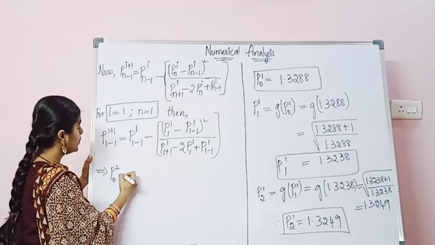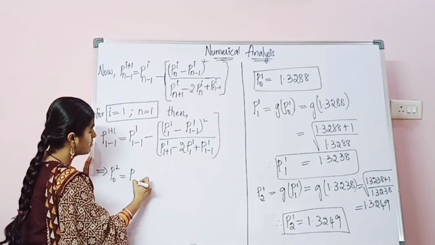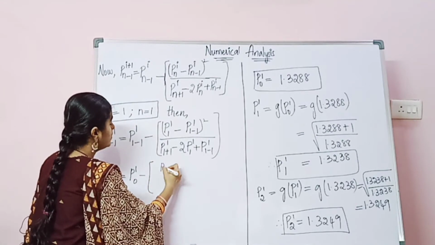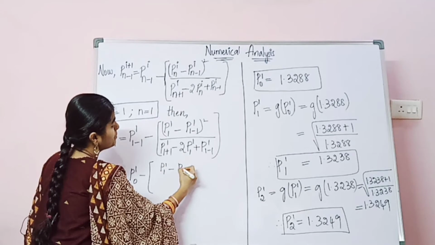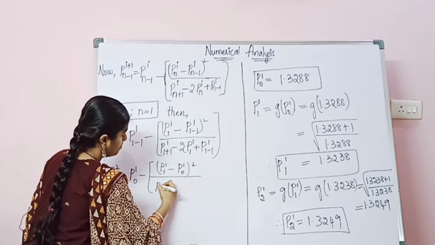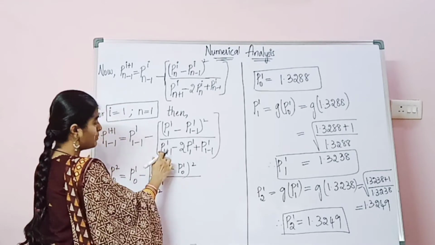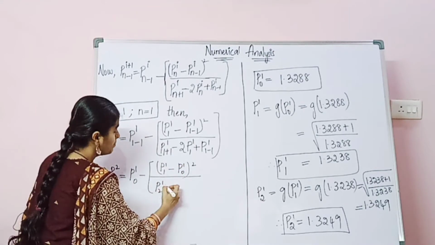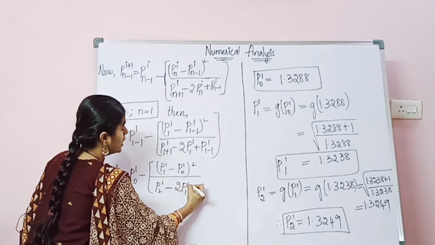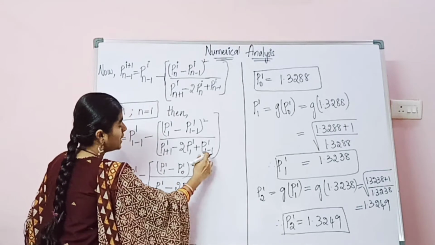P0 power 2 equals P0 power 1 minus (P1 power 1 minus P0 power 1) whole square by P2 power 1 minus 2 into P1 power 1 plus P0 power 1.